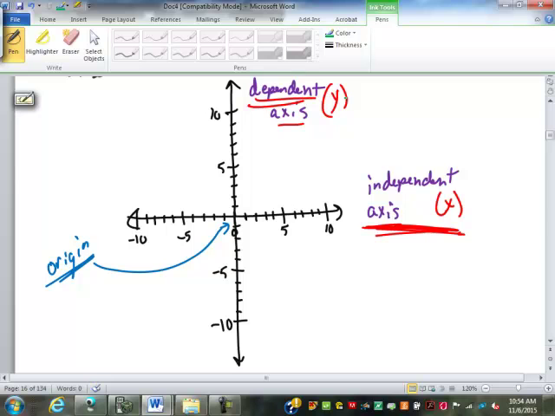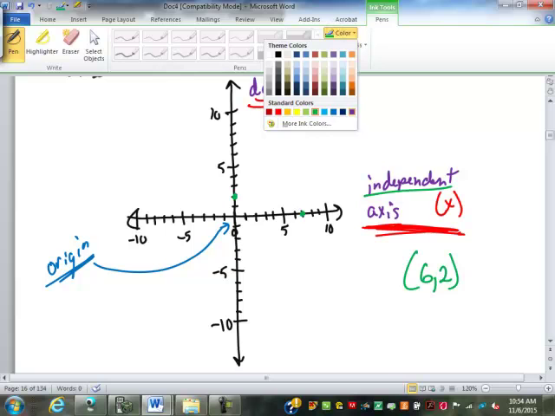So let me show you how this works now. We're going to plot the 6 and the 2. Well, the 6 was the first number in the ordered pair. That goes on my horizontal axis. The horizontal is always first. It's the independent. The 2 then goes on the vertical axis. It's the dependent variable. Now, obviously, I don't want 2 dots there.